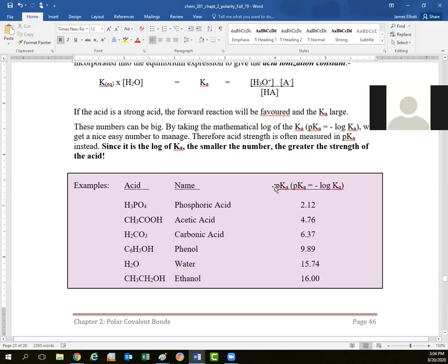We take the negative log, that's the reciprocal of the number, and so we get nice rounded numbers, normally between 1 and 24. The smaller the value, the stronger the acid. That's all we need to remember about these pKa's, the negative log of the Ka. The stronger the acid is when the value gets smaller.